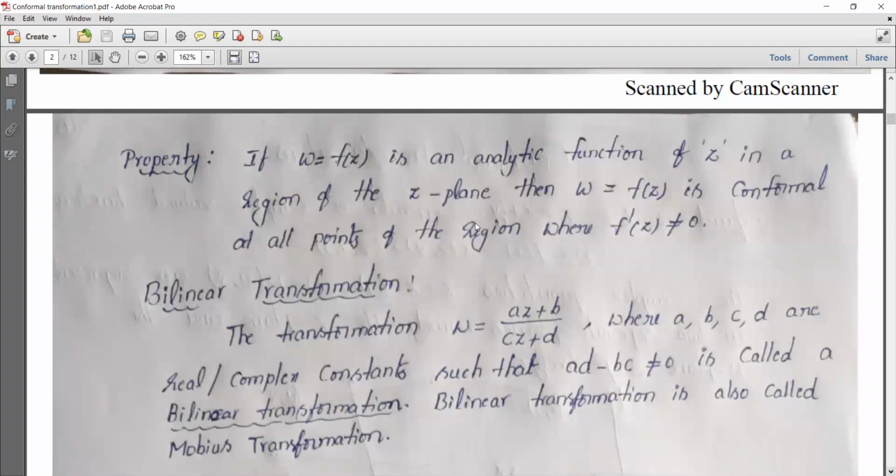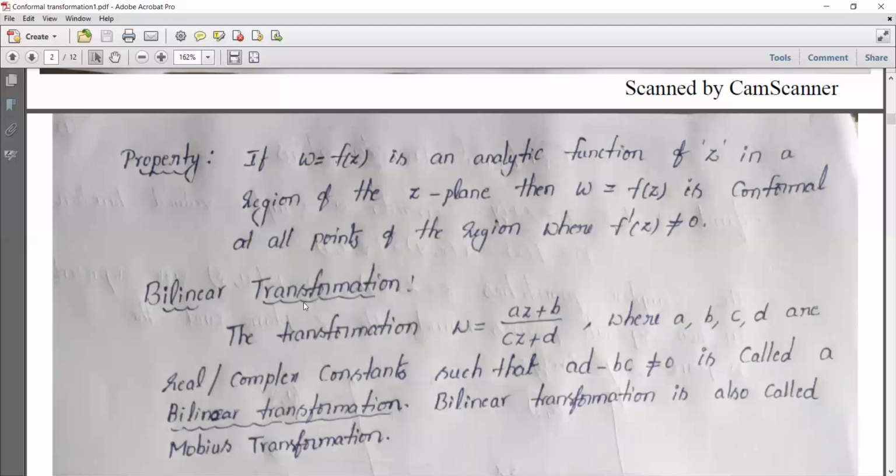That basic property is: if w is equal to f of z is an analytic function of z in a region of the z plane, then w is equal to f of z is conformal if f dash of z, that means the derivative of f of z, is not equal to 0. What is the property to say the transformation w is equal to f of z is conformal? That property is f dash of z not equal to 0. Remember this property.